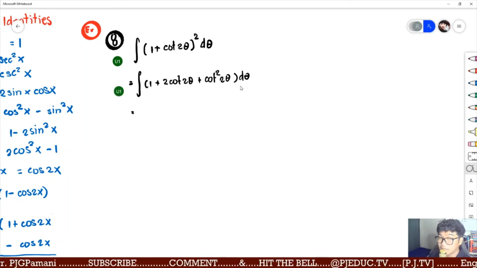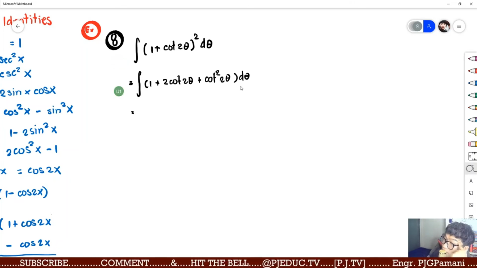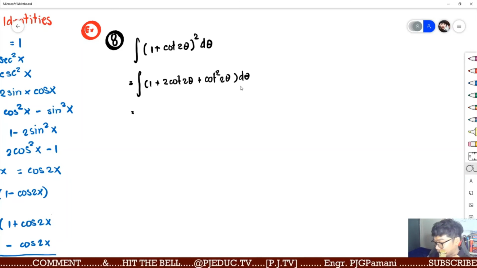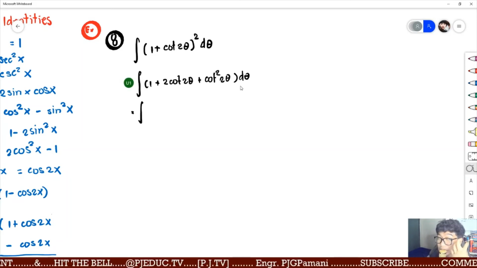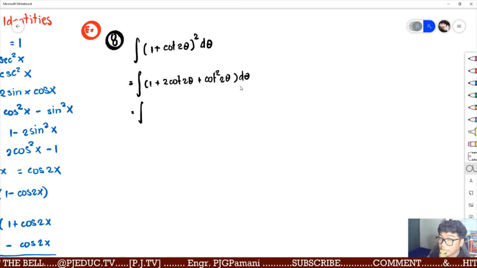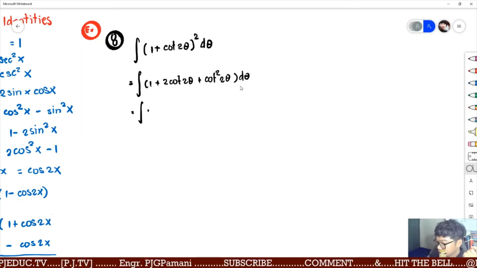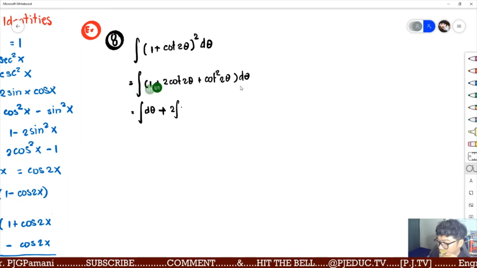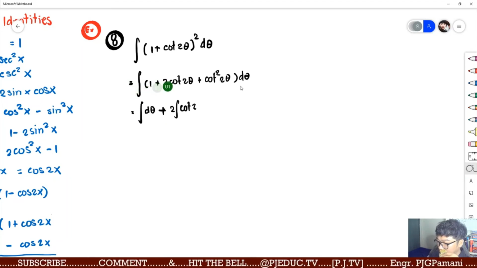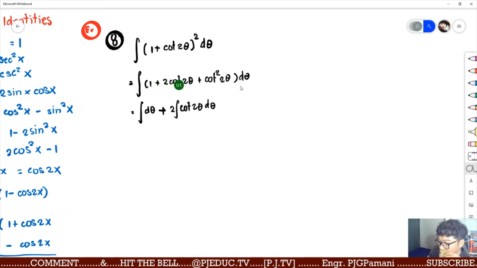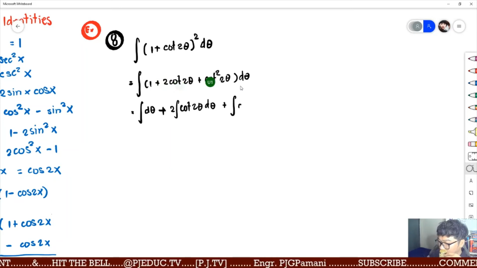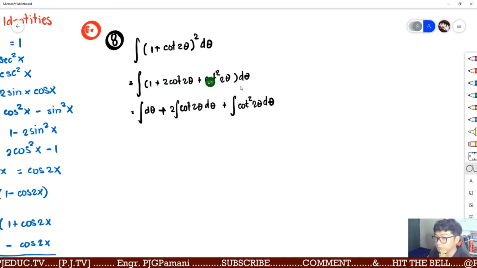Ngayon, introduce natin yung ating antiderivative or integral sign. Baka mamaya may makita tayong similarities with our trigonometric identities. That is d theta plus 2 integral of cotangent 2 theta d theta plus the integral of cotangent squared 2 theta d theta.